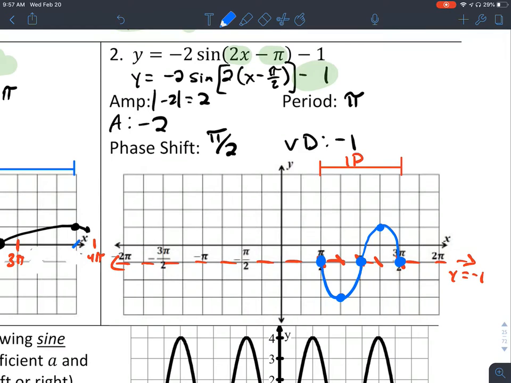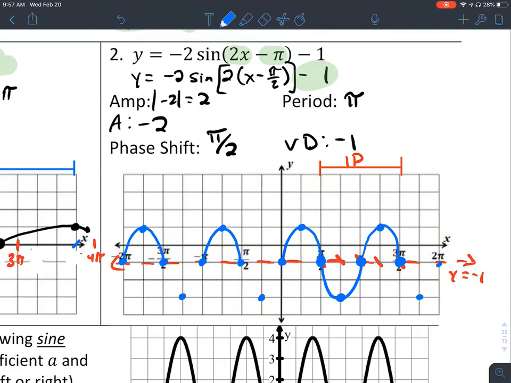I would like you to graph this for as long as we have graph, as long as we have space. So every 1 unit horizontally, something's happening. It's going to alternate from on the midline to above it to on the midline to below it. If it's above the midline, it's concave down.